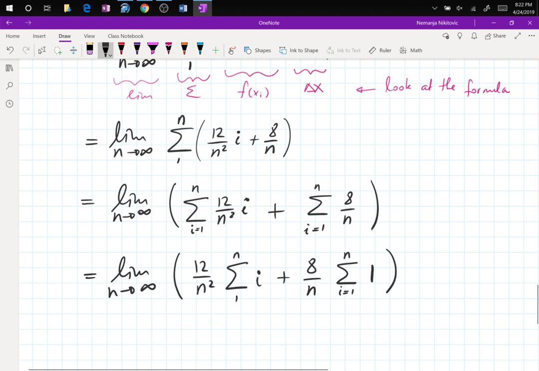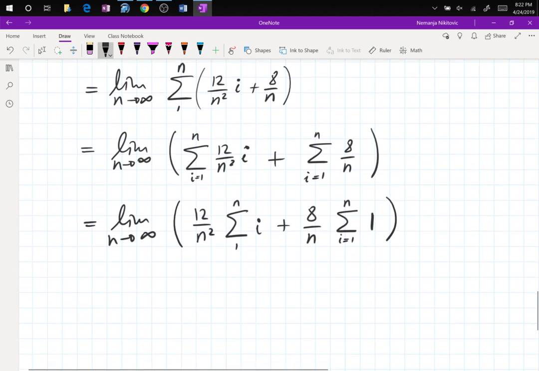So the next step is to use the formulas that are provided to you in the textbook, in 5.1, when they discussed them. I didn't talk about these formulas. I think they're on page 345.